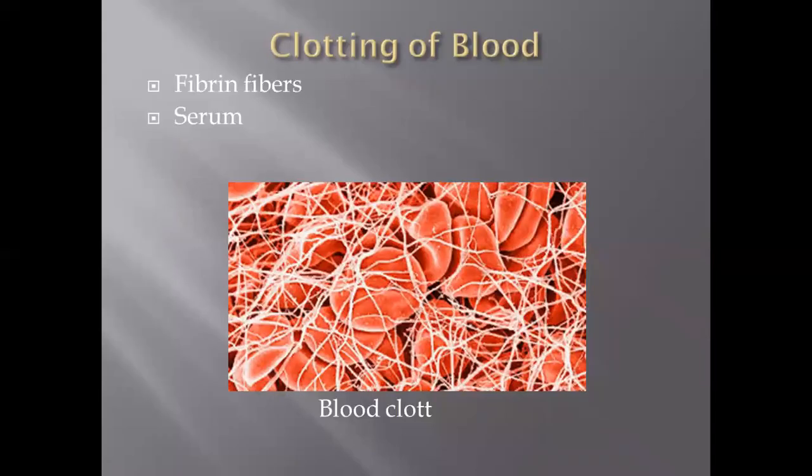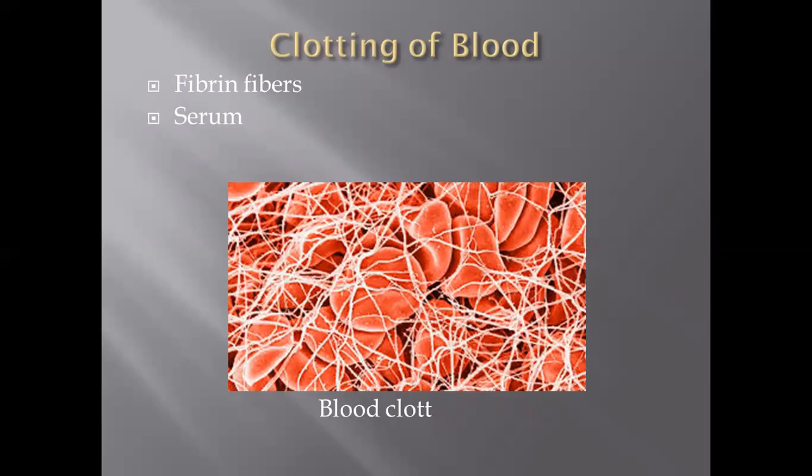Clotting of blood. When a blood vessel is ruptured due to injury, it constricts in order to prevent excessive loss of blood. At the first stage, platelets come into contact with the damaged blood vessel wall and become sticky and start to clump at the site of the injury.